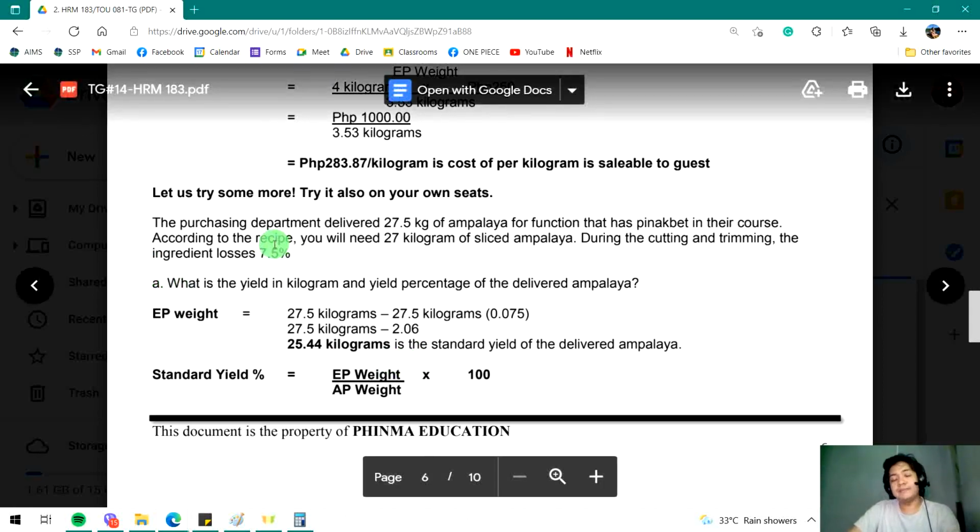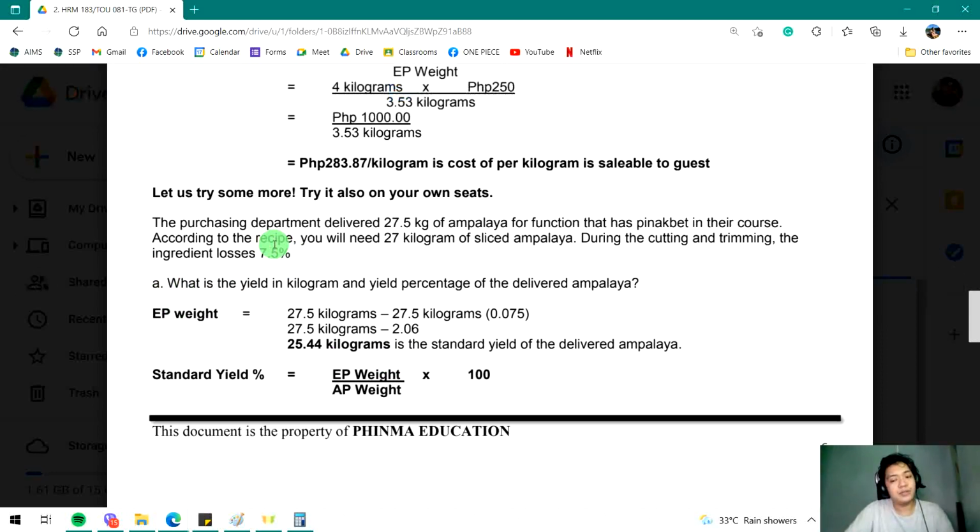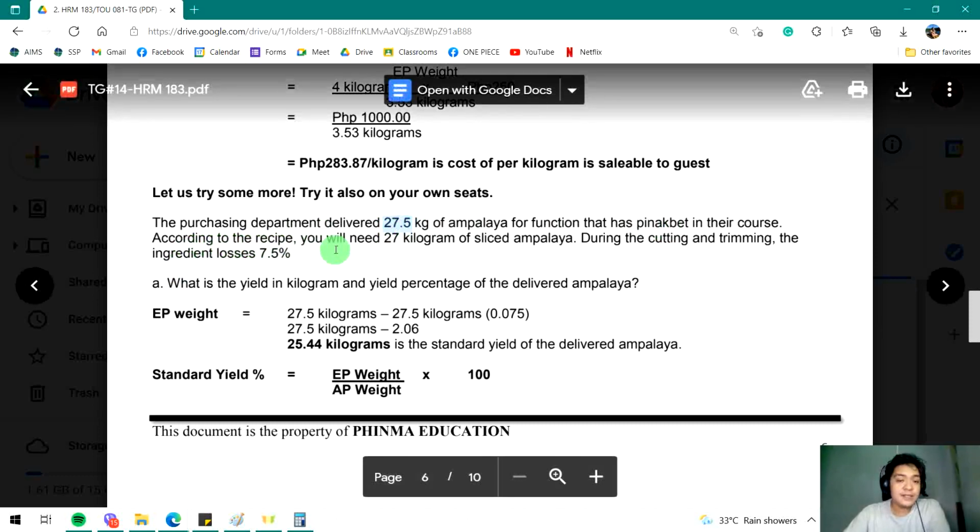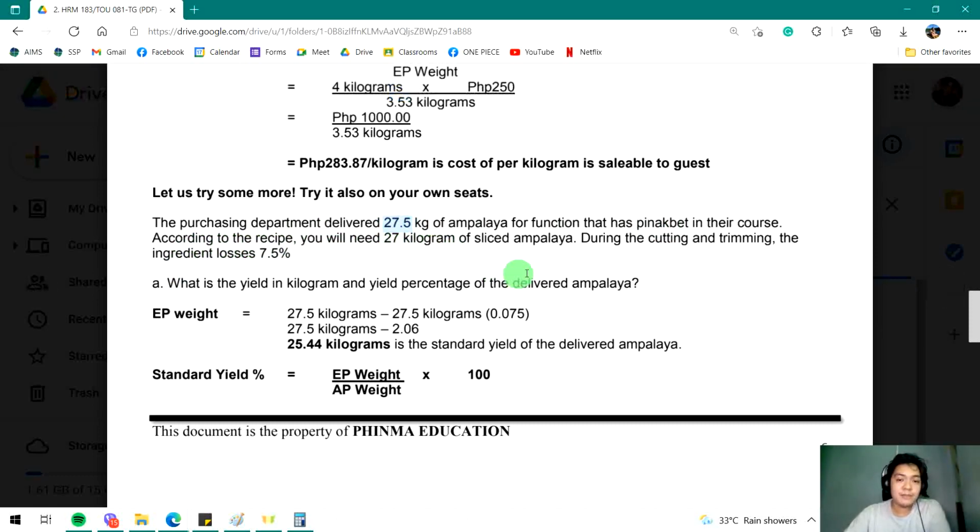Let's try another one para for good measure. The purchasing department delivered 27.5 kilograms of ampalaya for a function that has pinakbet in their course. According to the recipe, you will need 27 kilograms of sliced ampalaya. So, ibig sabihin, during the cutting and trimming, the ingredient loss is 7.5%.